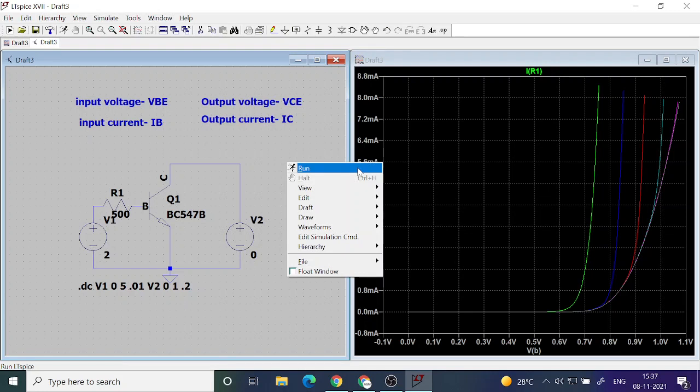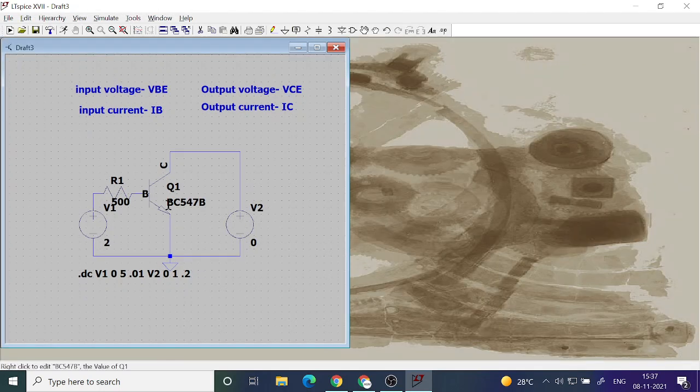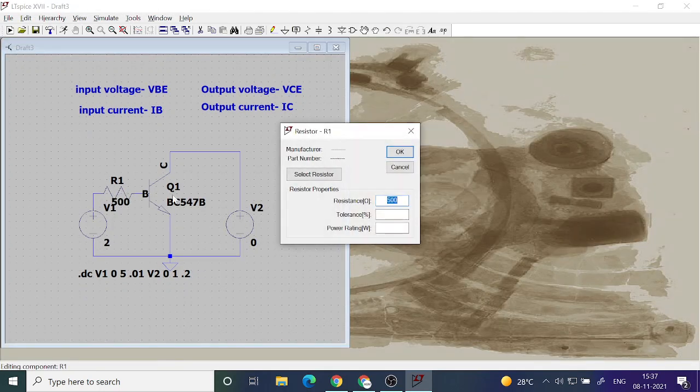So we are going to now see the variation of these two, this versus this, by keeping this constant. So to keep this constant, what I can do is I will remove this resistance and keep a fixed voltage here.